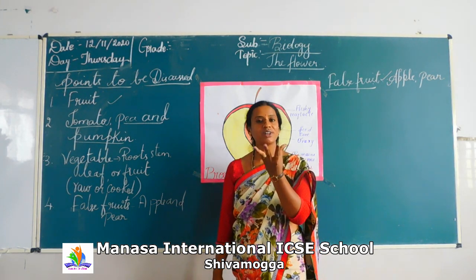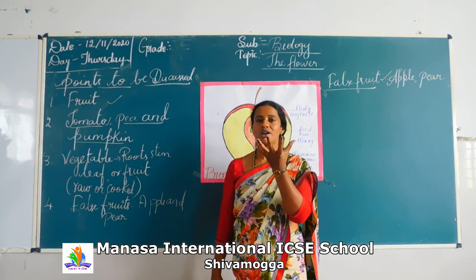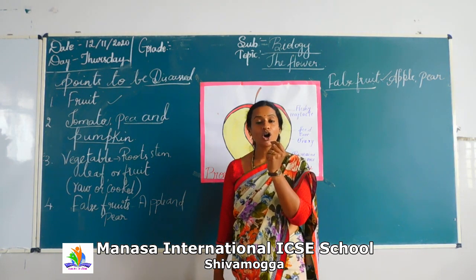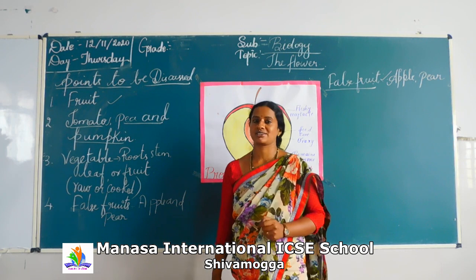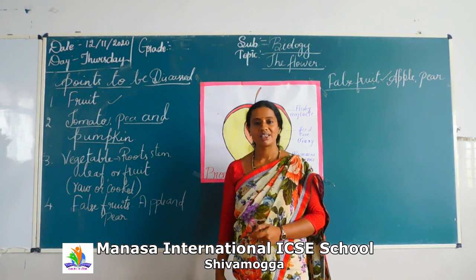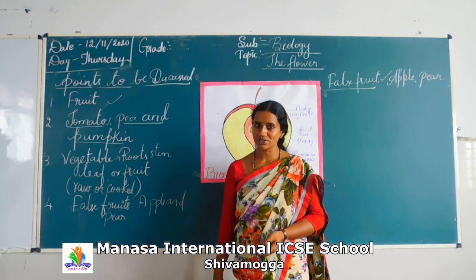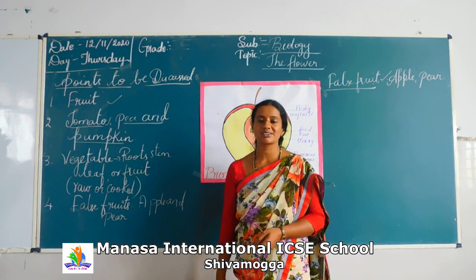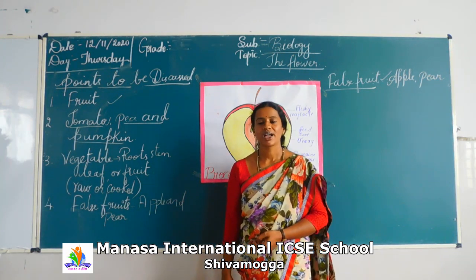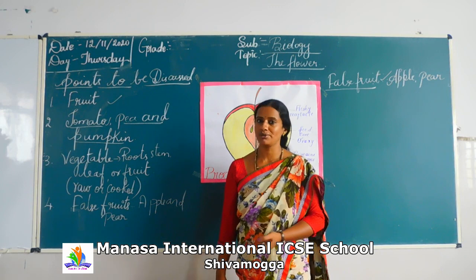Later, the flower will develop into tomatoes, and they also contain seeds, and hence they are termed fruits, but they are categorized under vegetables as we use them as vegetables.